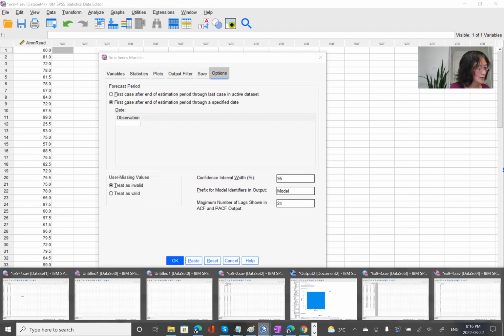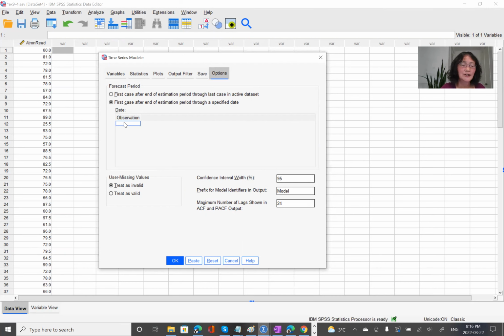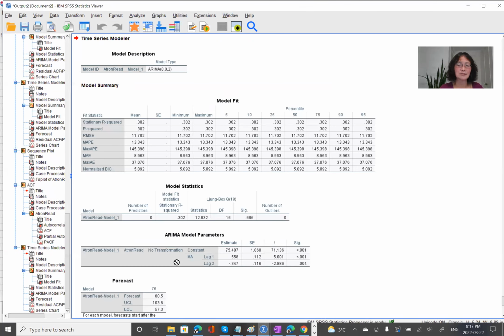So I want to forecast for 76 because the given data have 75 cases. Okay, so 76. And I click OK button.